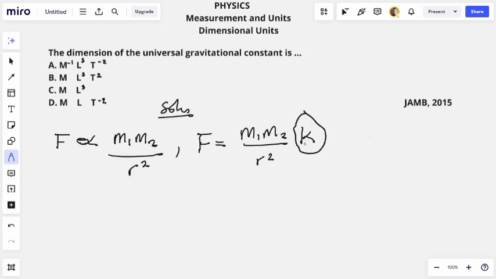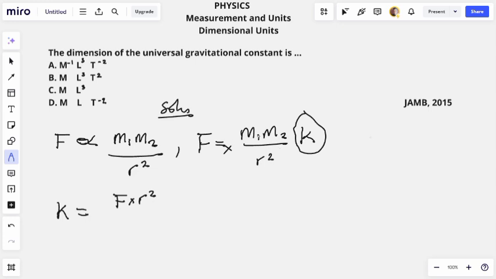So we are first going to make it the subject of the formula. If you make k the subject of the formula, k will be equals to, here r squared is on the denominator, so if you do cross multiplication, F will multiply with r squared. So that will be force times r squared.